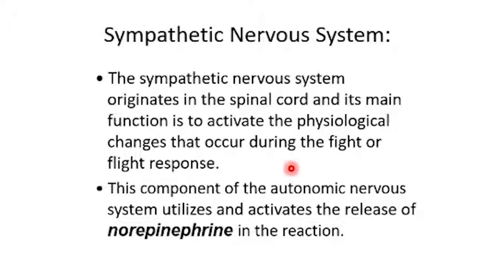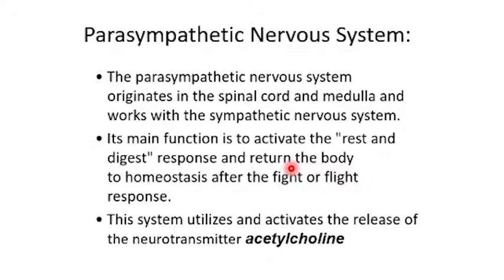Now, the sympathetic nervous system originates in the spinal cord. Where in the spinal cord does it originate? It's thoracolumbar, and it gives us the fight or flight response. Of note, it utilizes norepinephrine as a neurotransmitter for its effects.